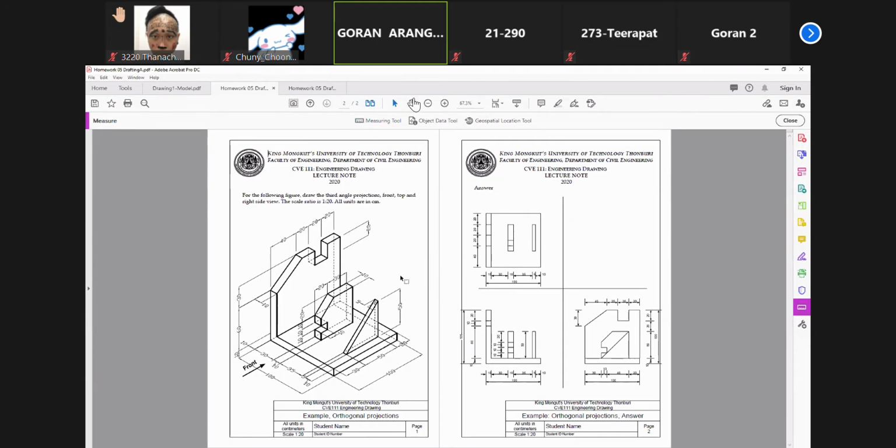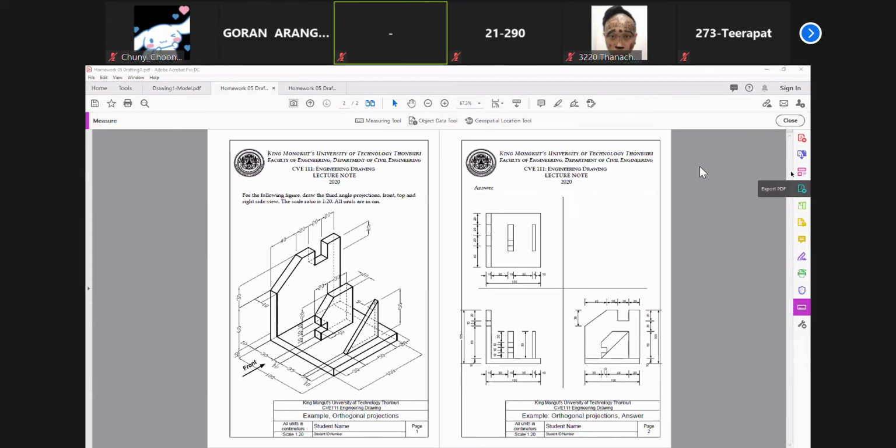Okay. Now, another instruction, since you're going to send this homework as a PDF file, which is a scanned file.